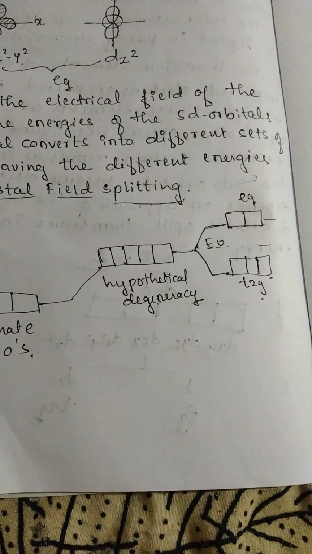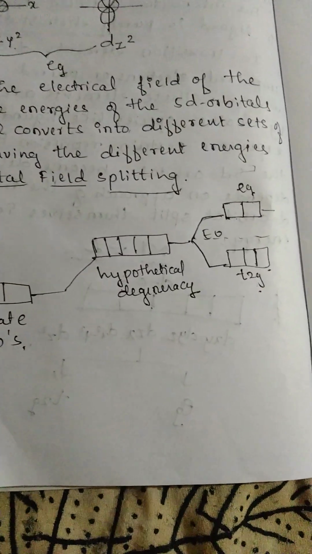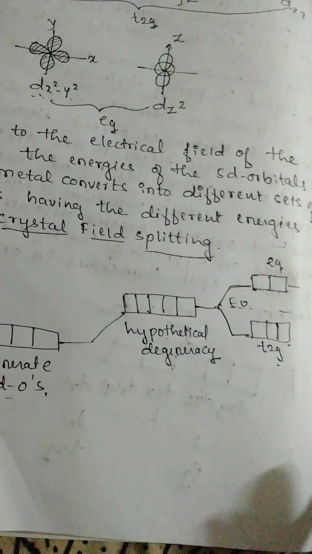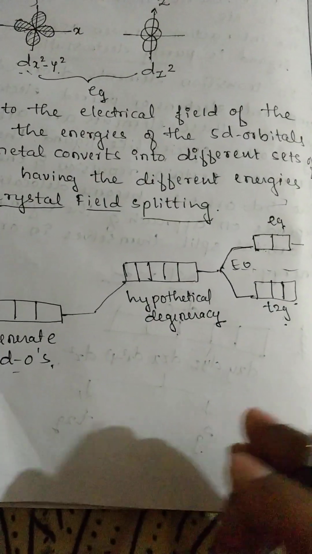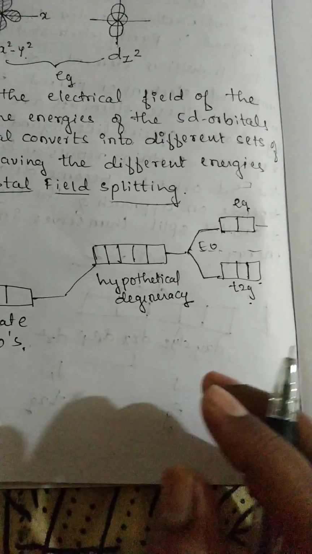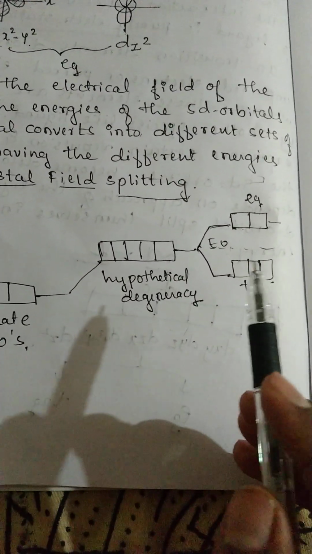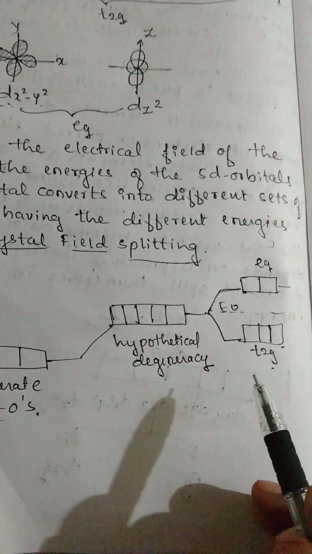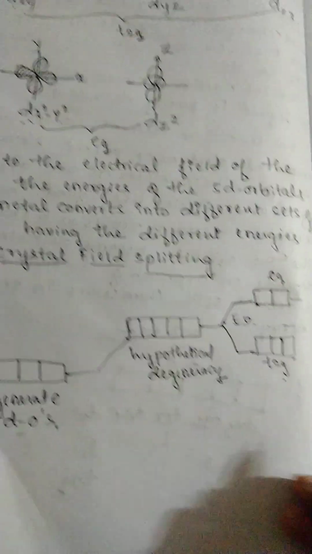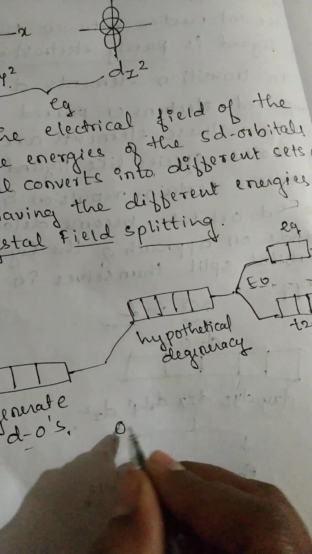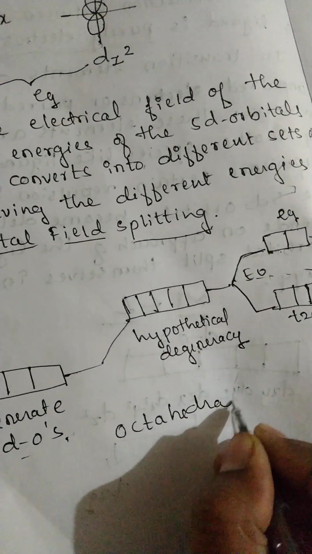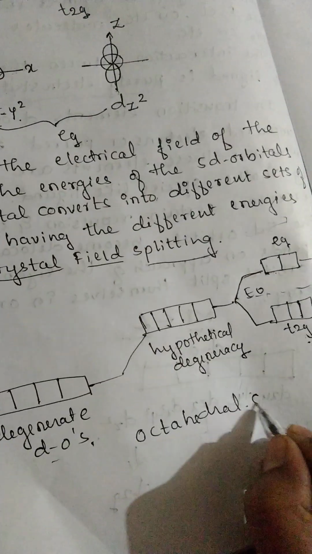The ligands are arranged in between the axes, so they do not point exactly toward the orbitals along the axes.